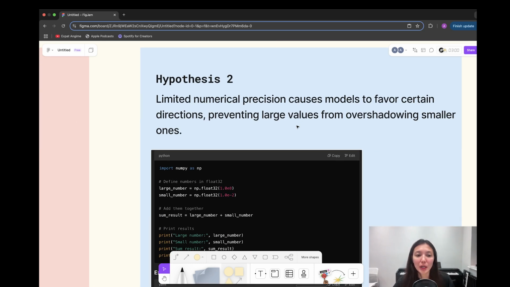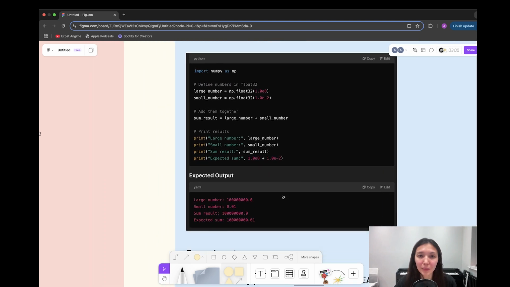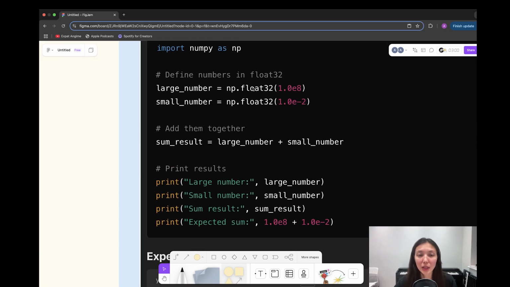Hypothesis 2 was to think that maybe limited numerical precision causes the model to favor certain directions, because this way the model can prevent large values from overshadowing smaller ones. What I mean by this is, let's see a simple summation of large and small numbers in Python represented using the NumPy float32 type.